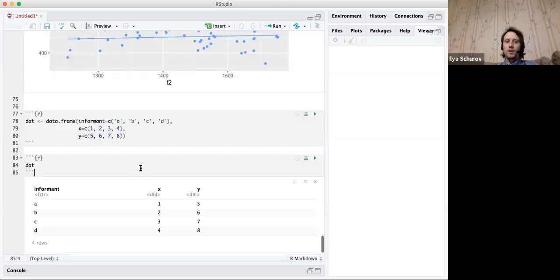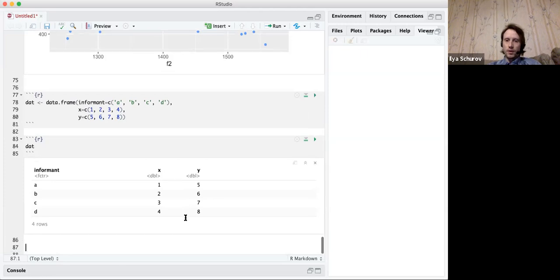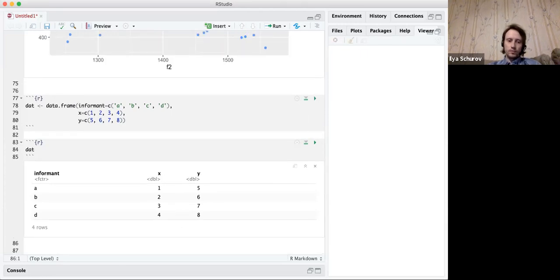Assume that I have this data set, only 4 observations. And to begin with, can you tell me, without running any R code, or probably with running this R code, what happens if I fit the following model?